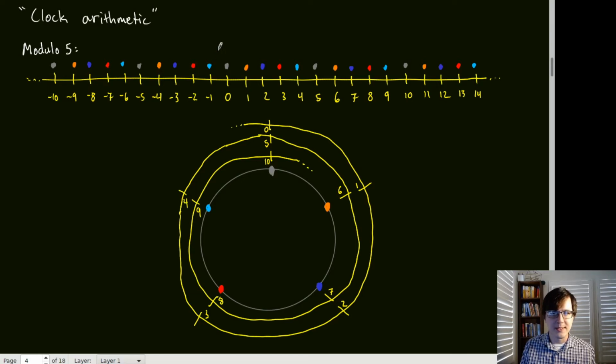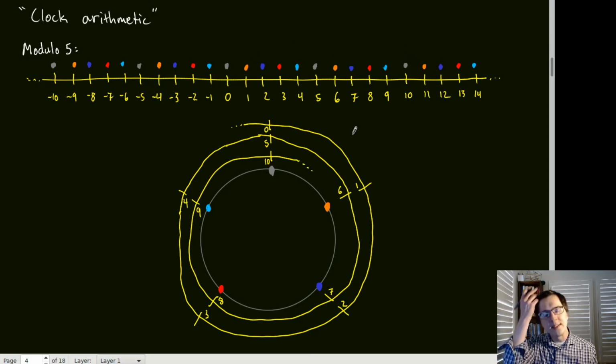So all the multiples of 5 are congruent mod 5. Similarly, 1 is congruent to 6 mod 5, because 6 minus 1 is 5, which is a multiple of 5. 1 is also congruent to 11, because 11 minus 1 is 10, which is a multiple of 5, and so on. So we've got these 5 colored dots randomly chosen by me, and if we look at the pattern, it's just that every 5 dots has the same color.